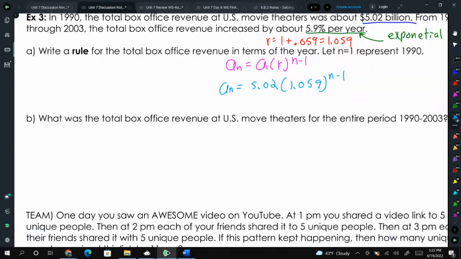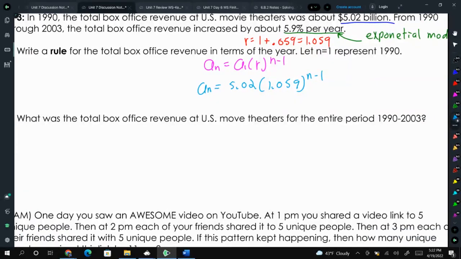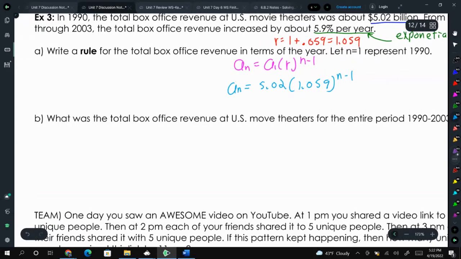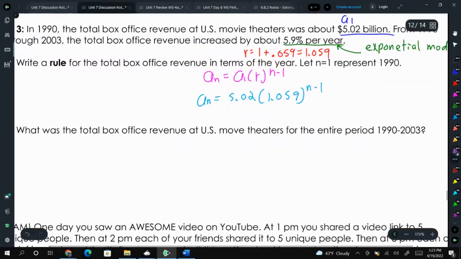Letter B is saying what was the total box office revenue at U.S. movie theaters for the entire period from 1990 to 2003. So we have our a sub 1 and our r value from the original problem. We need to figure out what n is. n is going to be 2003 minus 1990 plus 1, and that's going to be 14.